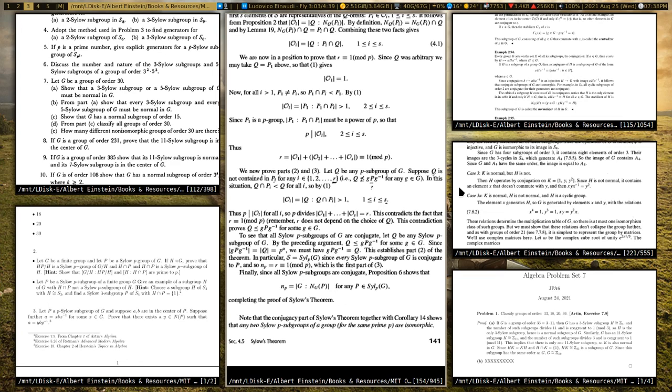Wait. Okay, I think I got it. So here's the thing. Instead of looking for Z, think of X Z inverse to be in the normalizer, right?